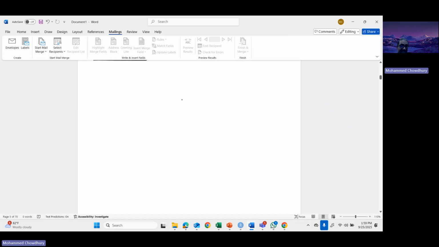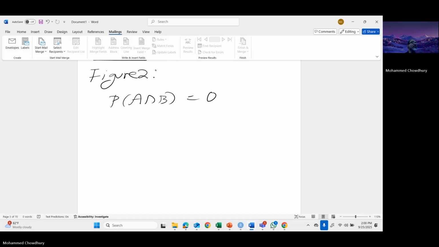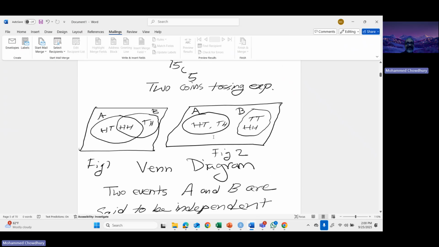Now in figure 2, the probability of A and B equals 0, because A and B do not share anything common. Is there anything common between A and B?